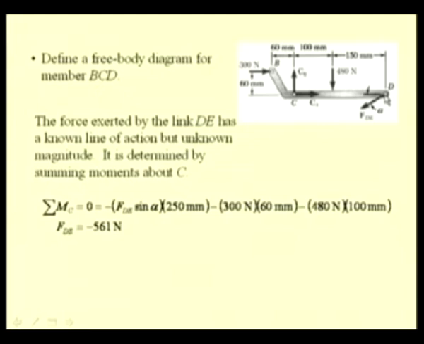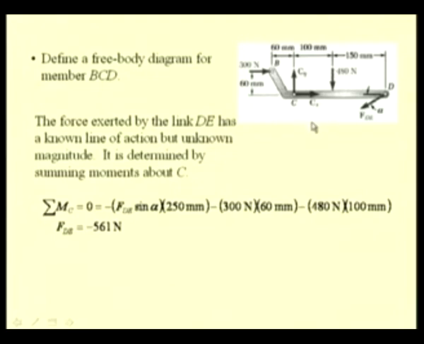So, the moment of the horizontal component about C is 0, because there is no moment arm, but the vertical component, that is FDE sin alpha, has a moment arm of 100 plus 150, that is 250 mm, and that causes a counterclockwise moment, which is negative. The 480 Newton force also has a clockwise moment.